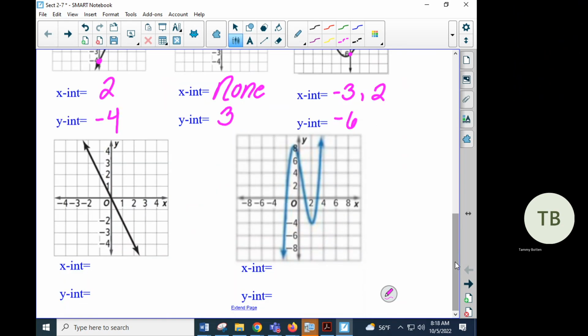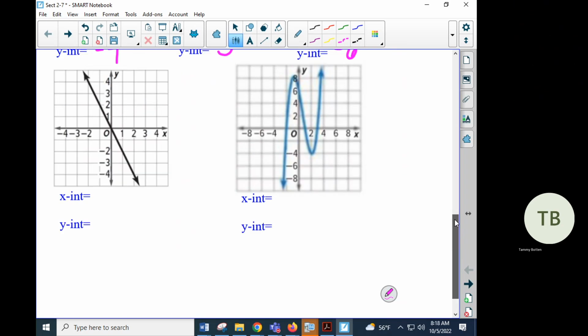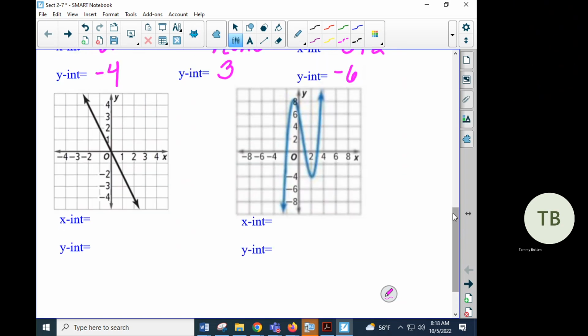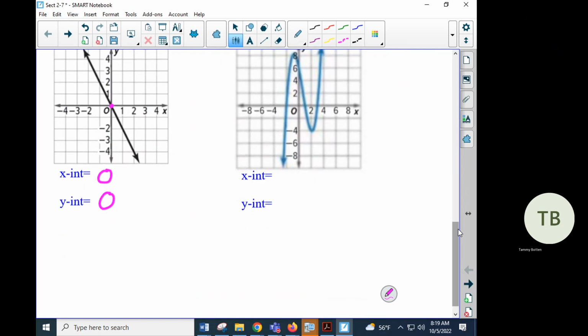Okay. Now, if we look at this, we want to look at where does it cross the x? Well, it looks like it crosses the x and the y at the origin. So that means your x-intercept would be at 0 and your y-intercept would be at 0. And then here's one that is going to have 3 different x-intercepts. So this point right here, it looks like it's halfway between -4 and 4.